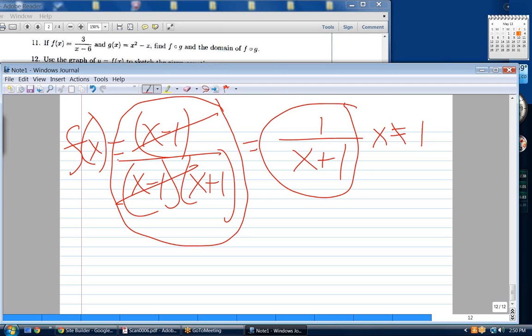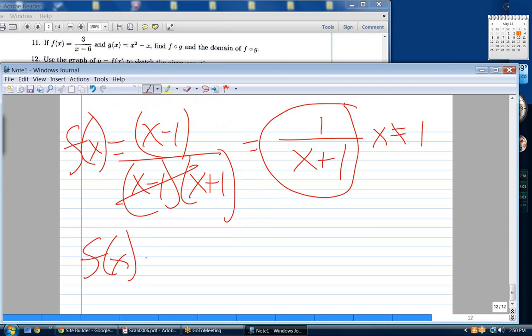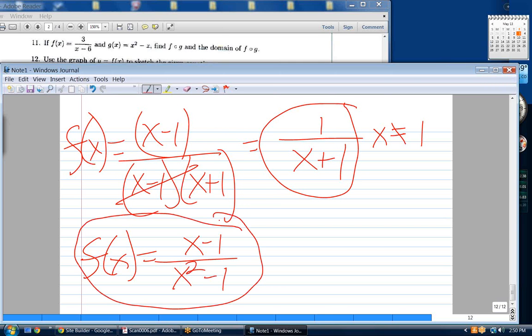So I can't really say that this function that I started with, which originally would have been f of x equals x minus 1 over x squared minus 1. In other words, if this is my original function, it has a restriction on it that x cannot be equal to 1.